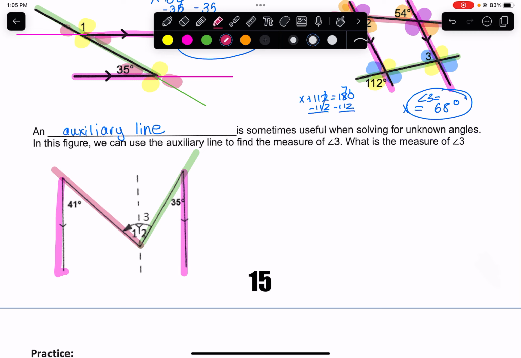So you can kind of see that there's a sort of bend in the diagram here, and so the auxiliary line would be drawn right here. So this is a line that's also parallel to my two pink lines that allows me to sort of break up the diagram into two. Because now, I can extend my lines out.